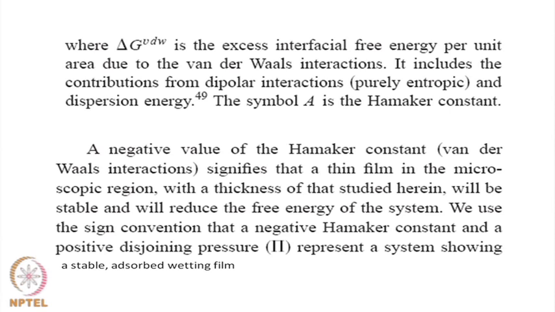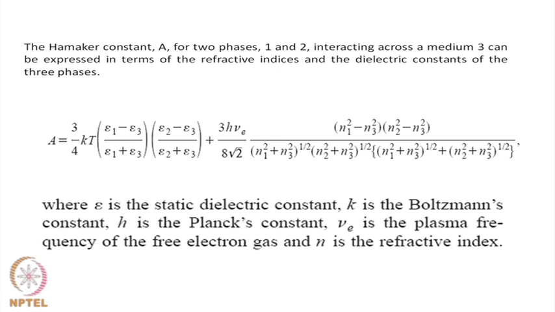So, a negative value of the Hamaker constant denotes that it is a wetting system. So, a stable adsorbed wetting film forms if the value of the Hamaker constant is negative, and the value of the Hamaker constant can be evaluated from this formula for phases 1 and 2, which interact across a medium 3.